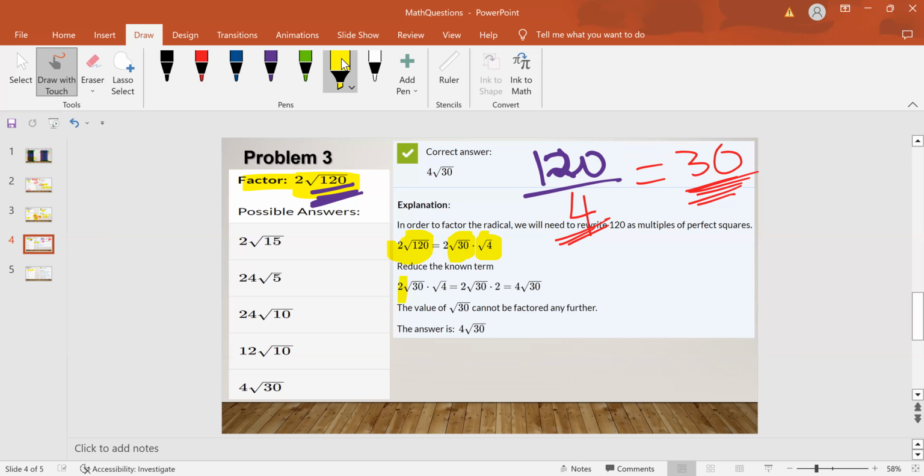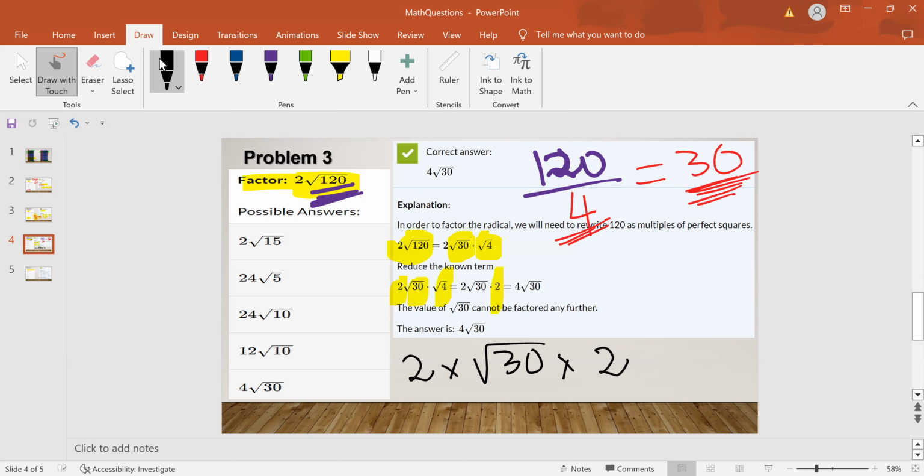Okay, now what are we going to do? We have the 2 regular, the square root of 30. We cannot do anything with this. But the square root of 4, we can simplify or reduce it. That gives you what? Regular 2. So if I want to write it down, we have 2 multiplied by the square root of 30 multiplied by a regular 2.